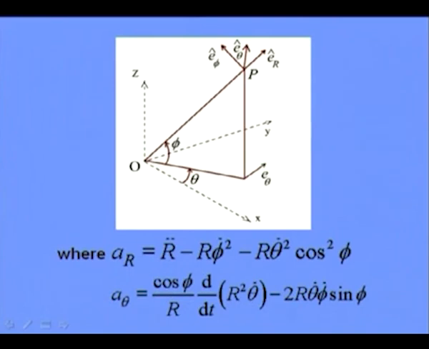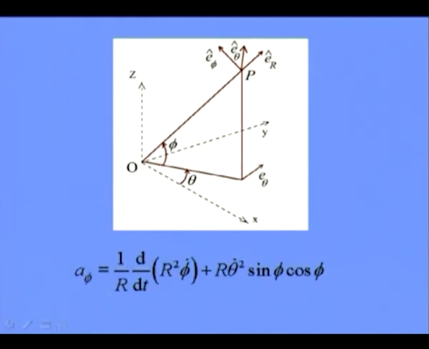where A r is equal to r double dot minus r phi dot square minus r theta dot square cos square phi, and A theta is equal to cos phi by r d by dt of (r square theta dot) minus 2 r theta dot phi dot sin phi.